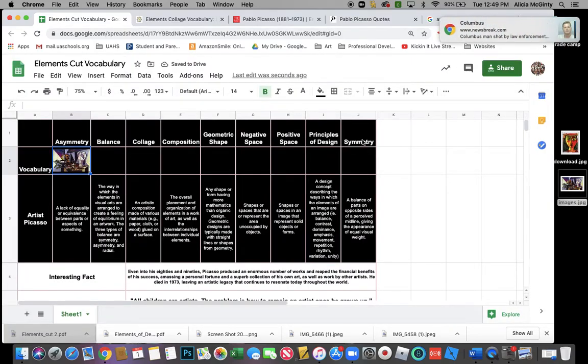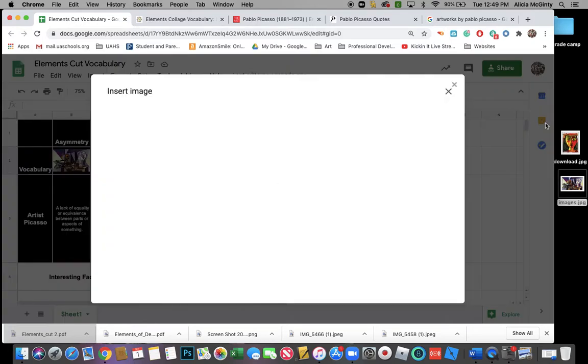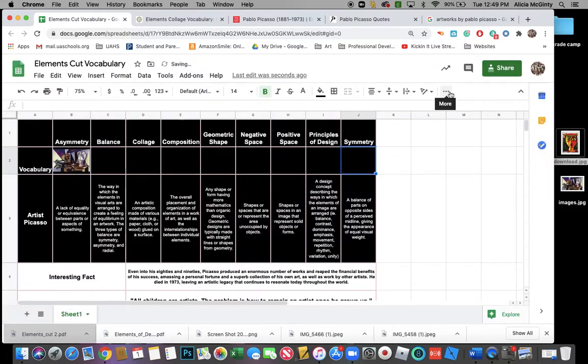Here's my symmetry one, a balance of parts on opposite sides of a perceived midline. So I said this one was my symmetry. So I'm going to go in, insert, image, into cell, and drop that piece of artwork. Then I'm going to go back and look for balance, collage, composition, geometric shape, negative space, positive space, principles of design, looking at these definitions.